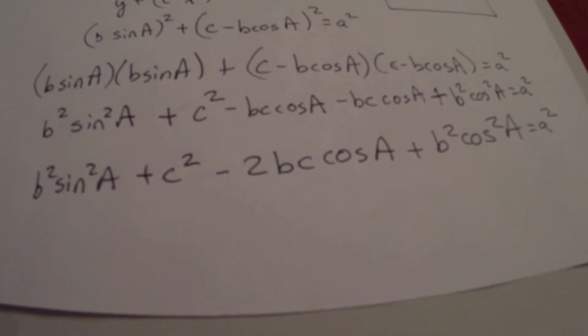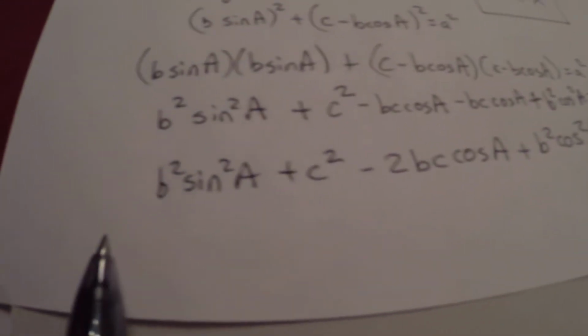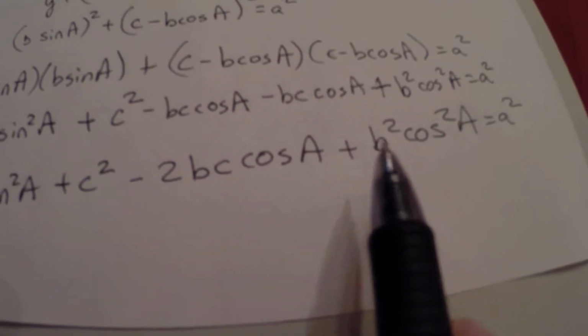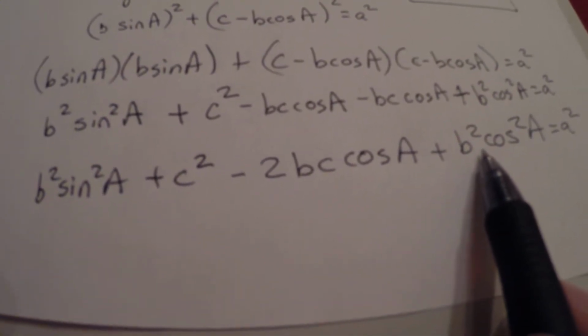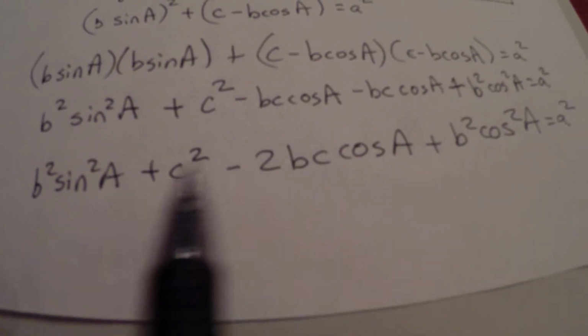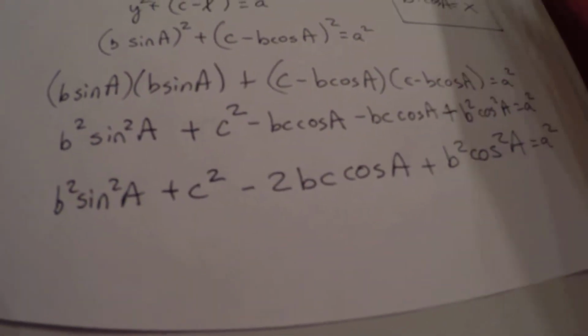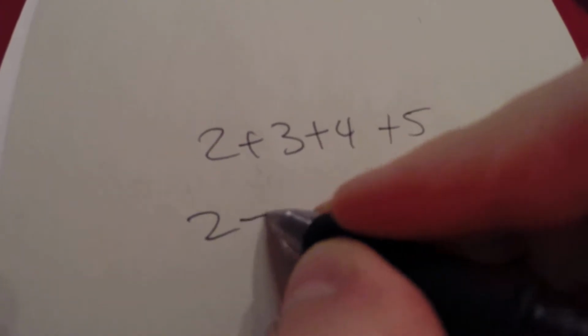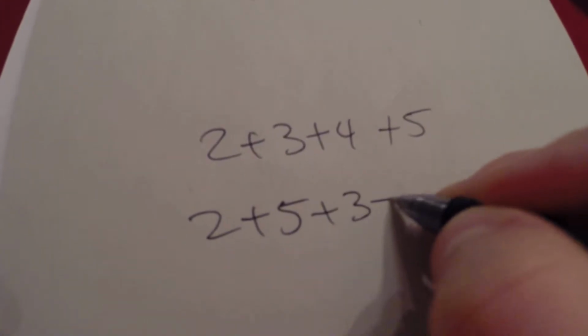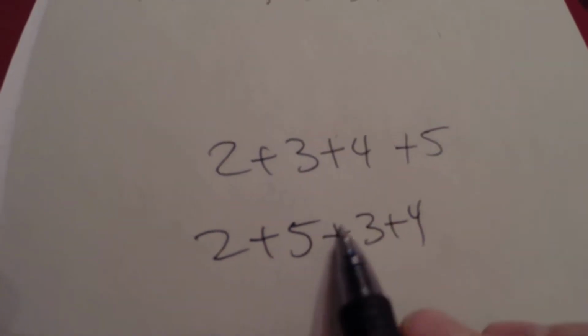The next step is that you have b squared sine squared and b squared cosine squared. We're going to put these two together. There's this rule in math called the commutative rule, which allows you to switch things up. If I give you 2 plus 3 plus 4 plus 5, I can say 2 plus 5 plus 3 plus 4, right? These are equivalent.